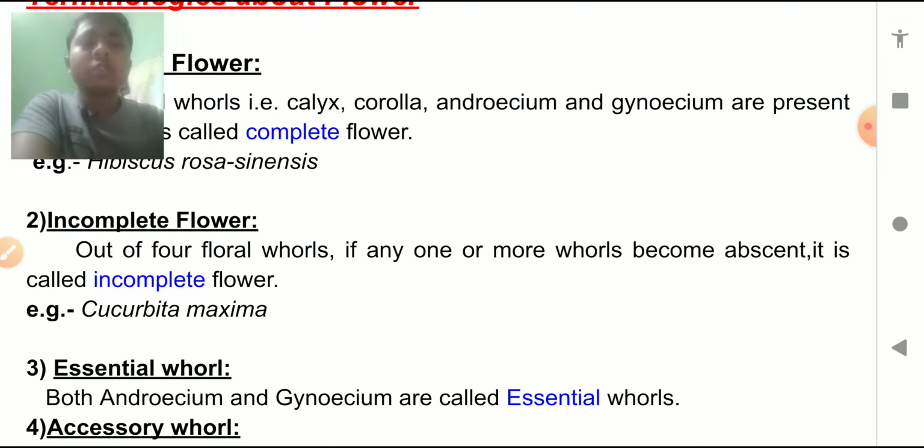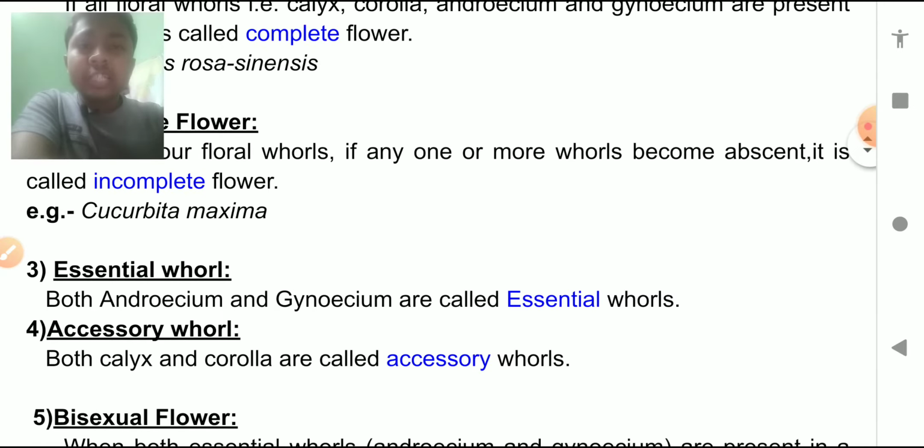What is an essential whorl? Basically, essential whorls are androecium and gynoecium. So each and every flower contains a single essential whorl, and that's the reason it is called an incomplete flower, because here sometimes androecium is absent, sometimes gynoecium is absent.